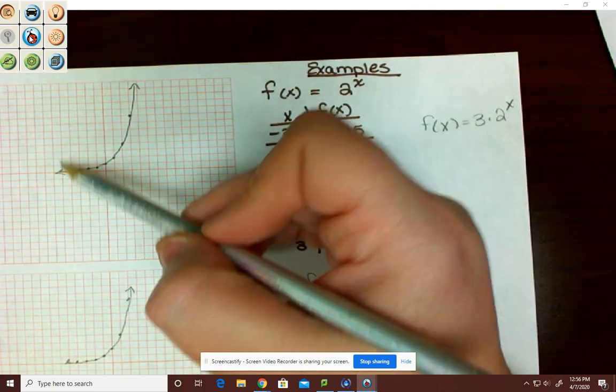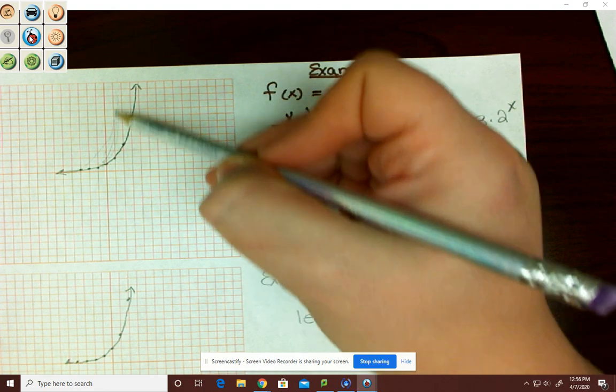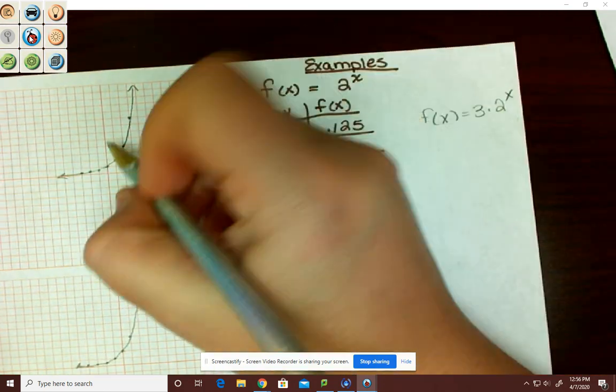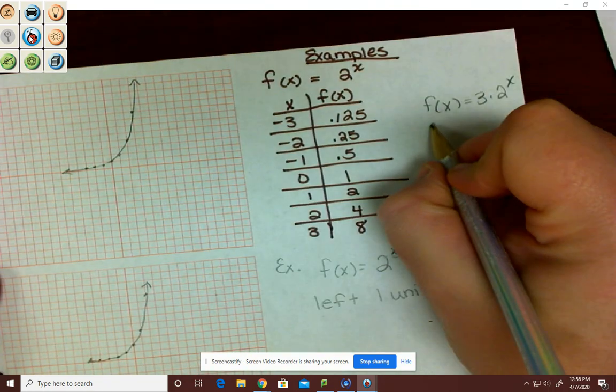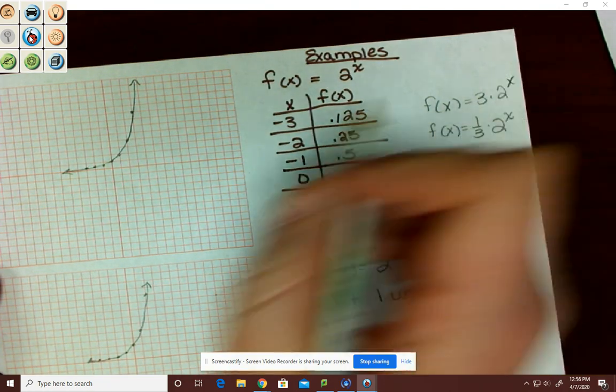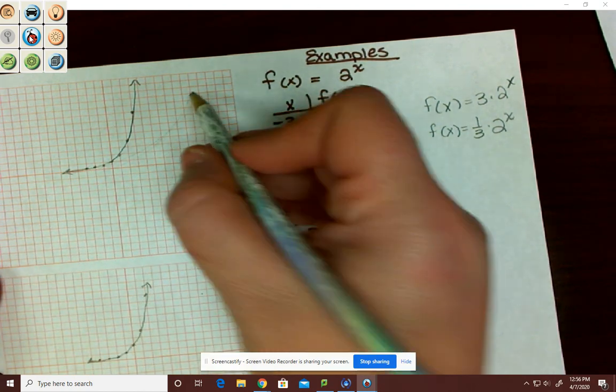So steeper is going to be like this, where it's going to be steeper like that. And then if I gave you like this, that's going to make it less steep. So it's going to make a curve that's out here like this, that's less steep.